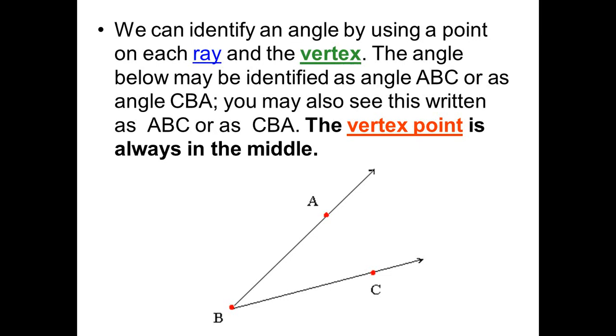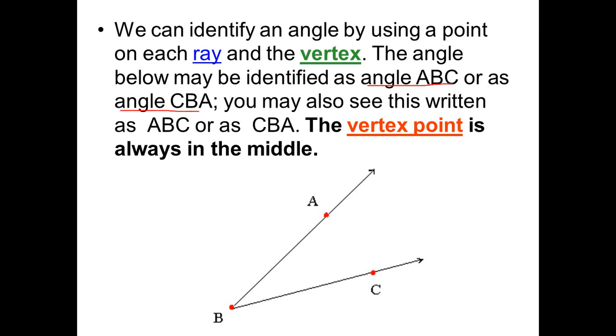We have already taken this in the past lesson. Remember, this point we call it A. This point is B. And this point is C. So the angle below may be identified as angle ABC, or as angle CBA.